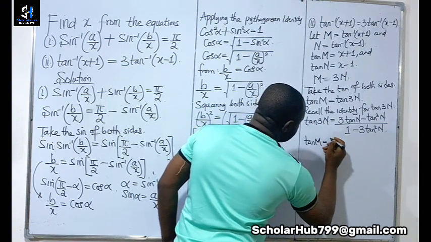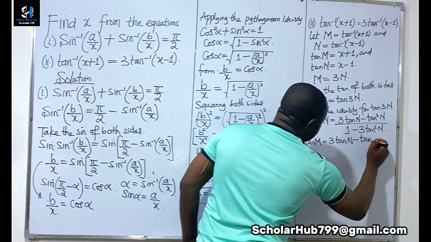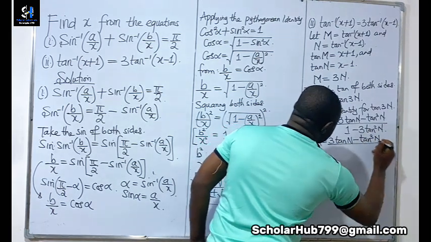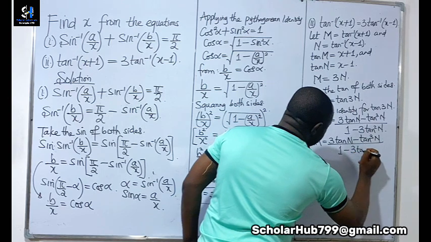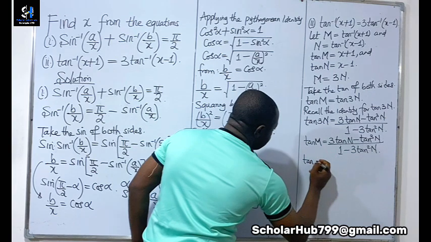So tan 3n will be 3 tan n minus tan cubed n divided by 1 minus 3 tan squared n. This is the triple angle formula for tangent. So tan m equals 3 tan n minus tan cubed n divided by 1 minus 3 tan squared n.